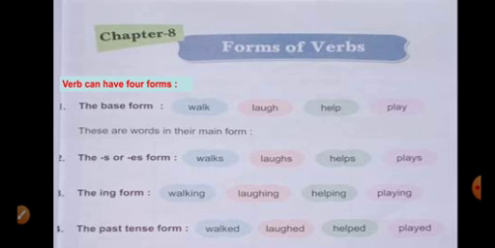It is obtained in some cases by adding ed to the base form, and in some cases the past tense form differs from the base form. I am giving you some examples, students, like walk becomes walked. See, only ed we have added here. Laugh becomes laughed.